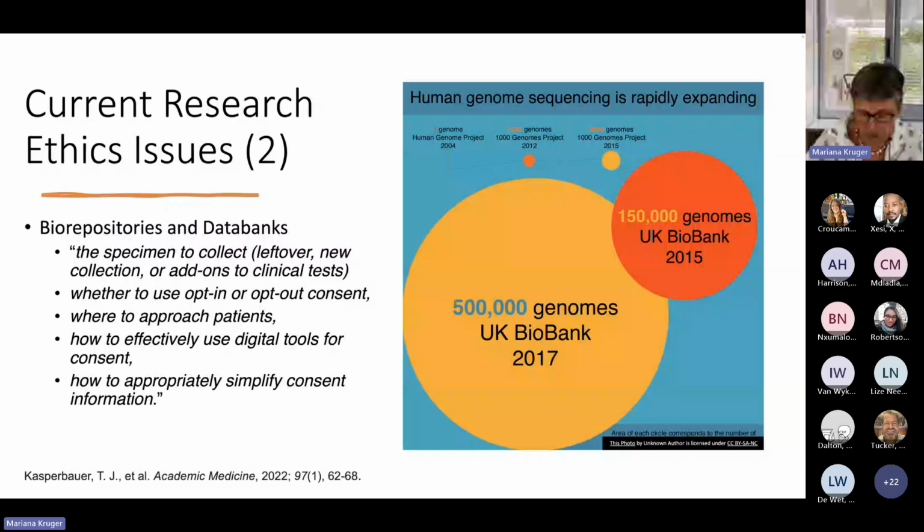And of course, we know that human genome sequencing is rapidly expanding, and there's a huge UK Biobank, and this is being used to develop new medicines. So we also need to be altruistic in our sharing of our genomes, but of course it has to be weighed against the privacy and the confidentiality of the person, and also what kind of benefit should eventually come from it.